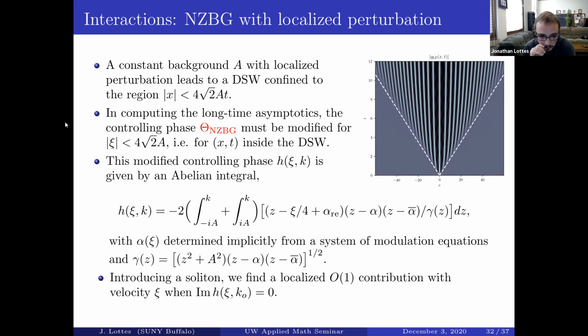The details of what this h looks like are not too important. I'll just say it includes this parameter alpha, which is determined by a system of modulation equations governing the DSW. And so again, in this case of constant background with localized perturbation, when you introduce a soliton, you find a localized contribution to the solution with velocity xc when the imaginary part of this modified controlling phase function is 0.